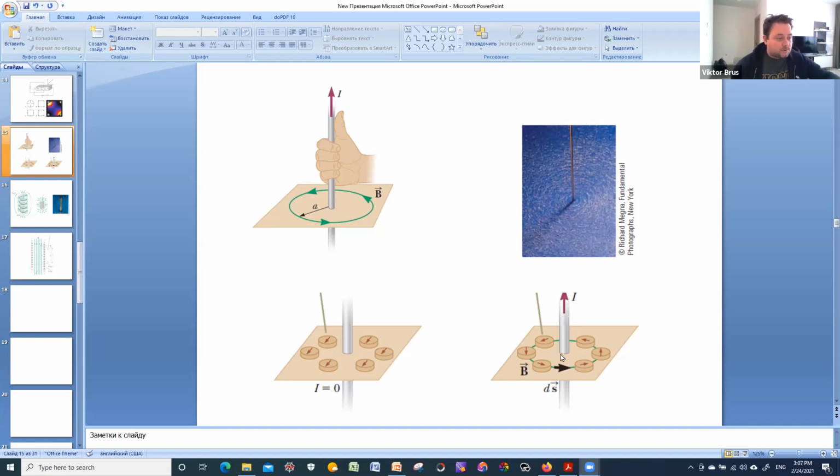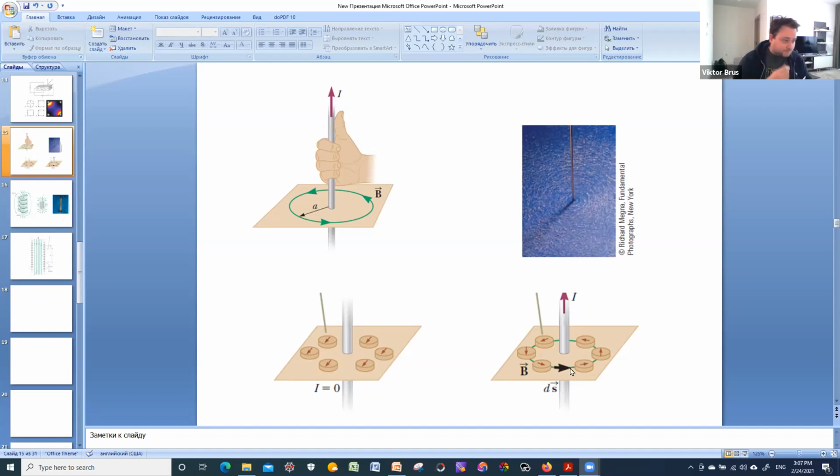And once we turn on the electric current through this wire, the magnetic field created by this current is much stronger than the magnetic field of our planet, so we can neglect the latter. Then all these needles will start to orient along the magnetic field lines around this conductor carrying electric current.